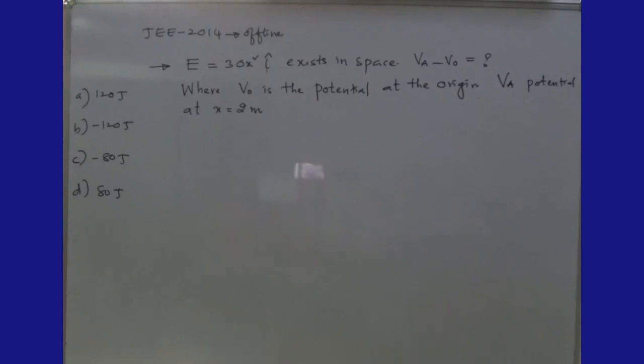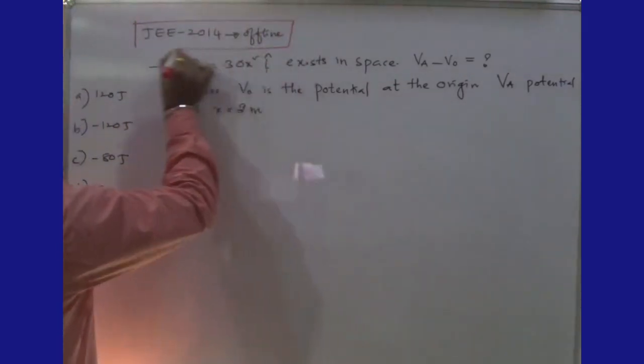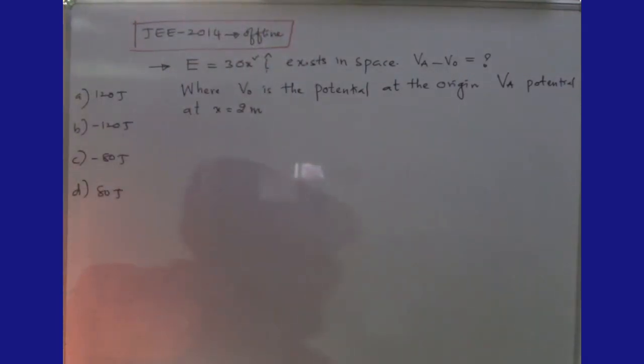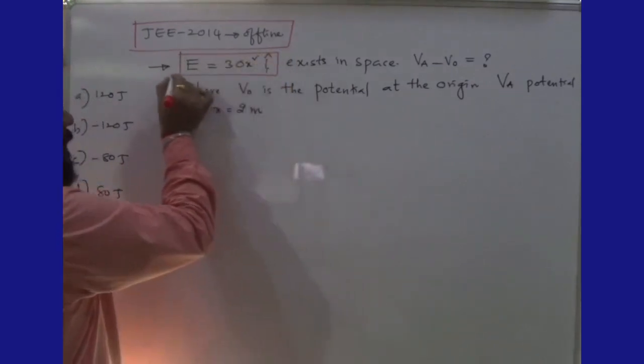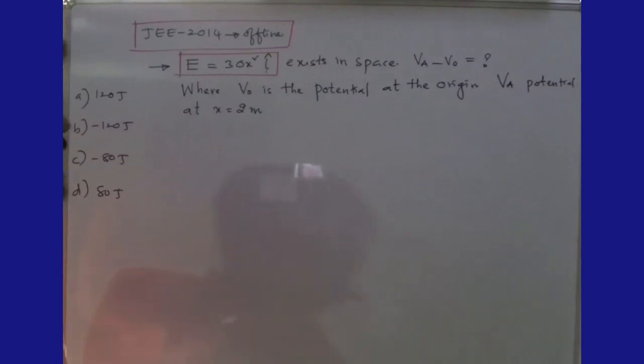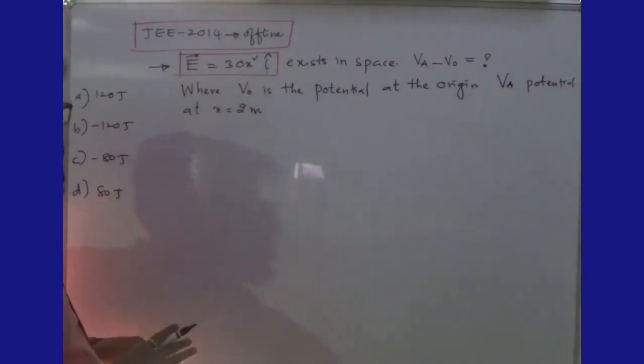This is given in JEE 2014 offline, based on the relation between electric field and potential. Vector E is given as 30x square I cap.